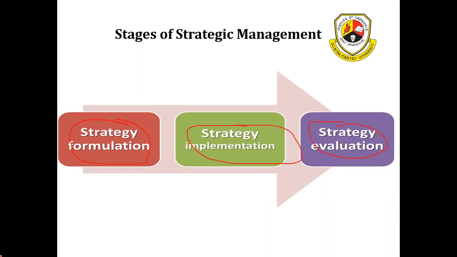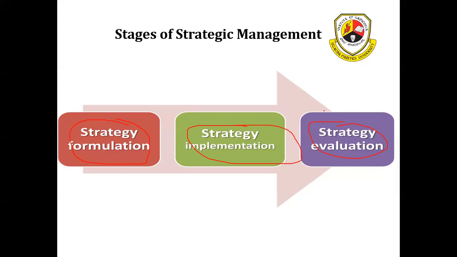Later on, we shall see that a strategy has a time span. It has an expiry date. So somewhere in between, or after, or when it expires, there must be an evaluation process to see if the strategy is actually helping you achieve your goal.